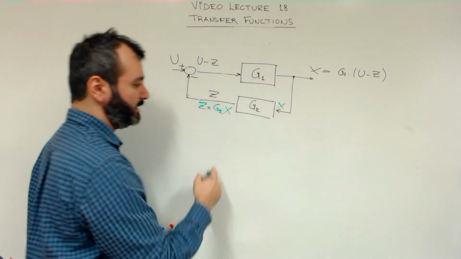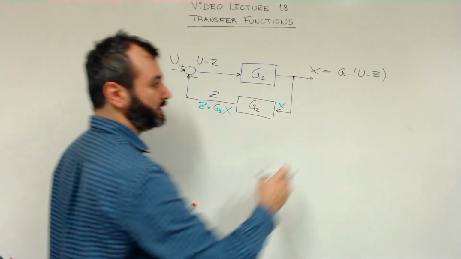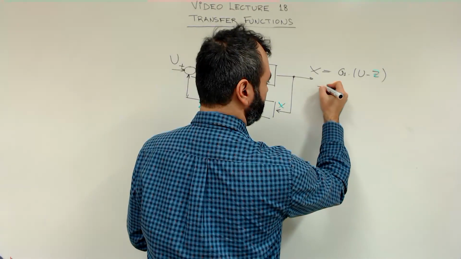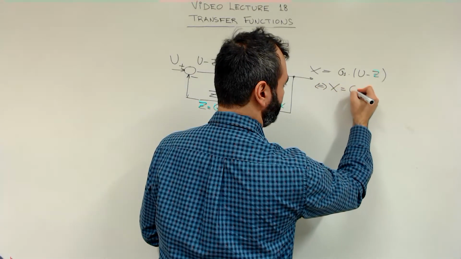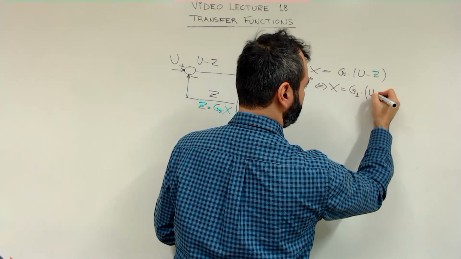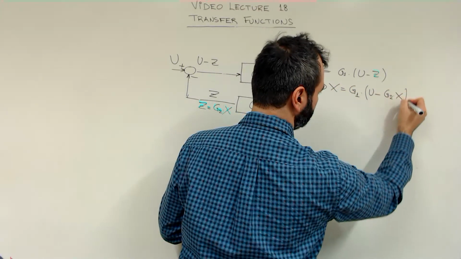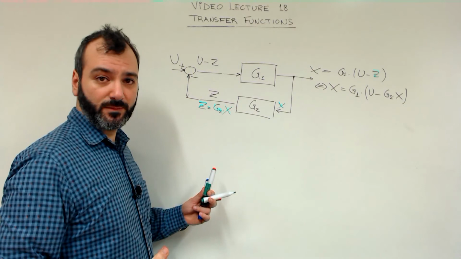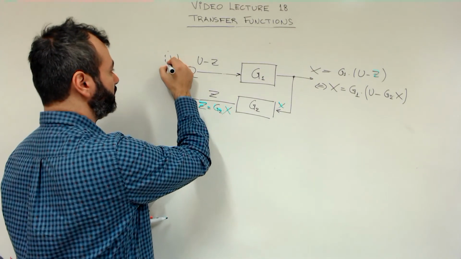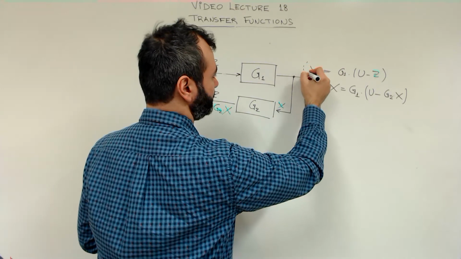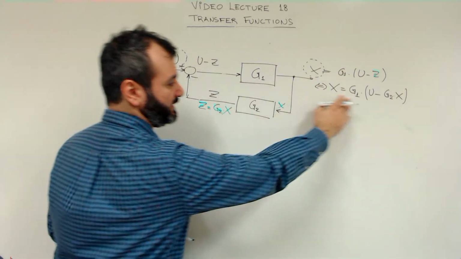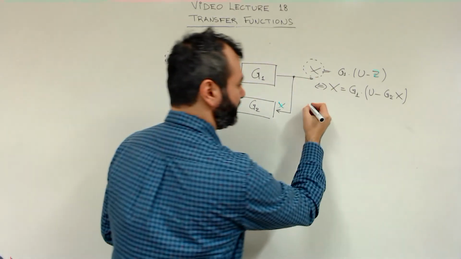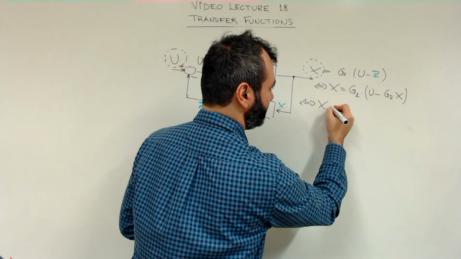Because this is X. G2 times X equals Z. So let's write G2 times X instead of Z. And now this describes a relationship between U and X. This equation describes how the input U affects the output X. Let's make it clearer.